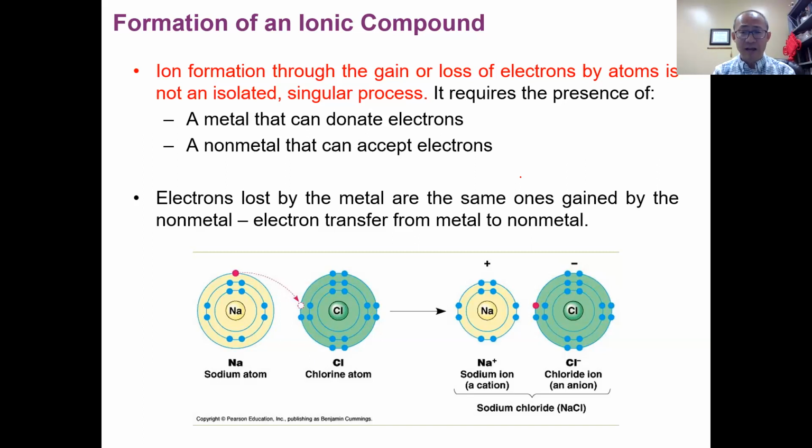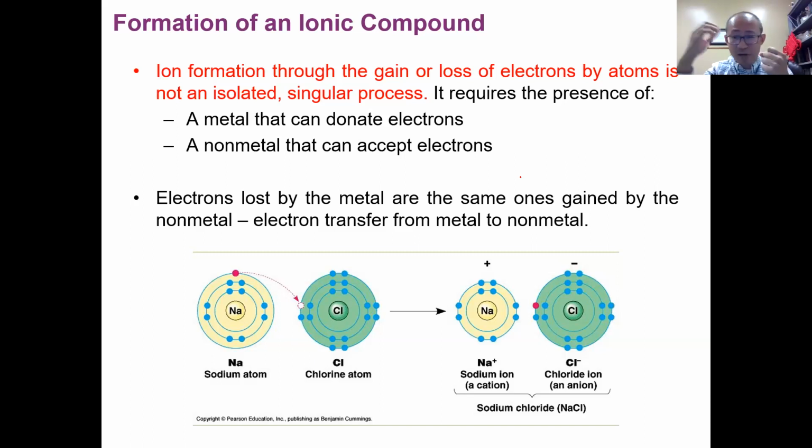They normally happen simultaneously, meaning if you want losing or gaining electrons, you must have a metal normally that lose electron. And you also have a non-metal that actually takes the electron lost by the metal. You see that? That means you have 2 parties, one party losing electron, another party gaining electron. And those 2 happen at the same time.